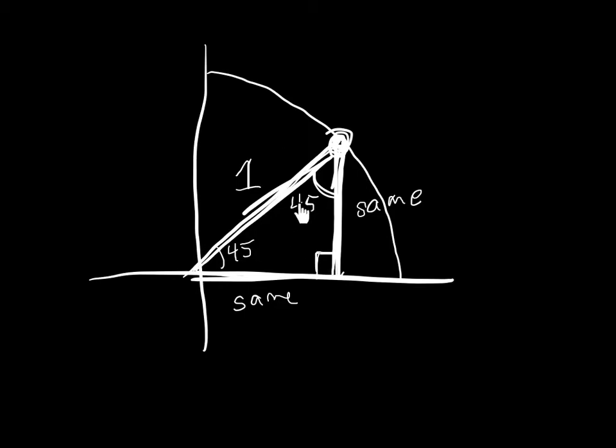Which means this triangle is isosceles, because this side is the same as that side. Does that make sense? Now, if I call these both x, what does the Pythagorean theorem say for this triangle?